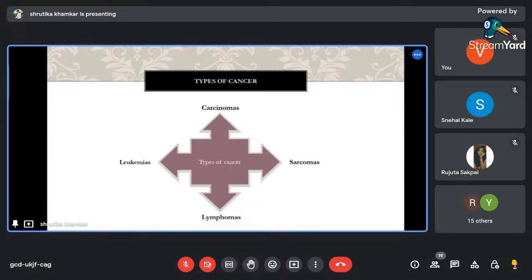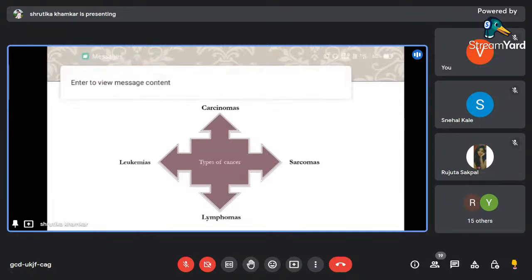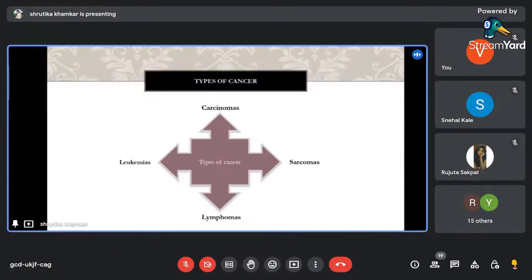Carcinomas are tumors made up principally of epithelial cells of endodermal origin. About 85% of cancers are carcinomas. Sarcomas are tumors made up principally of connective tissue of mesodermal origin.